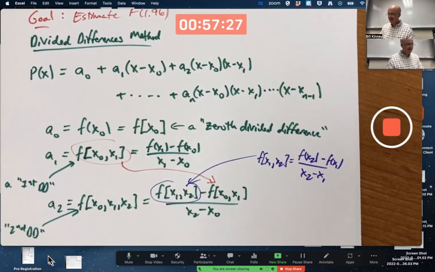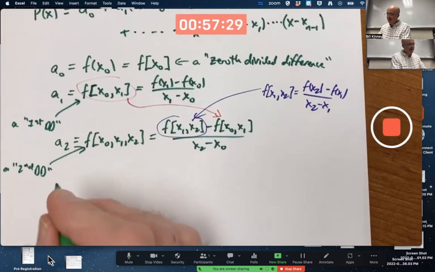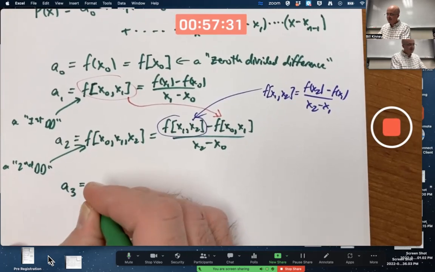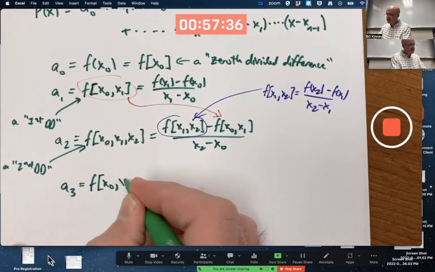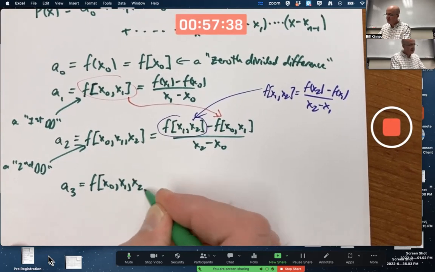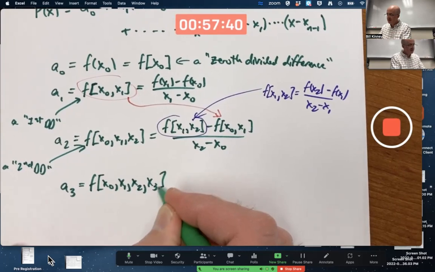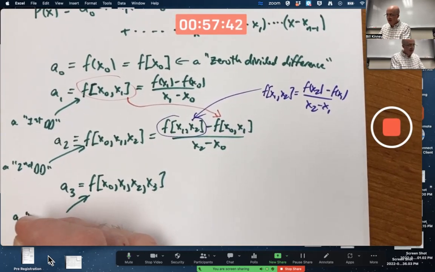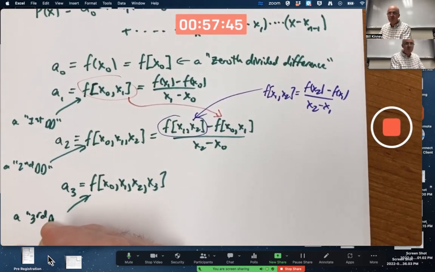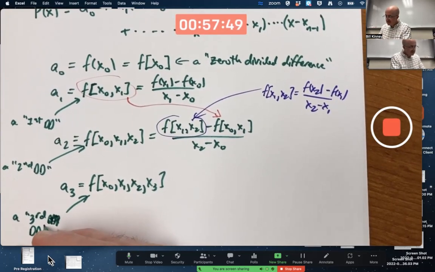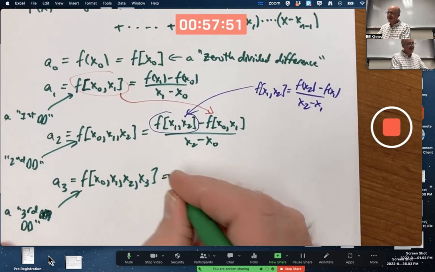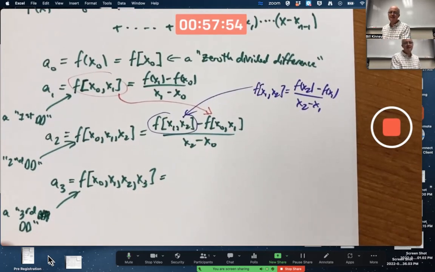We keep iterating. A3 is going to be a third divided difference that's going to have 4 nodes inside the square brackets, x0, x1, x2, and x3. This is a third DD. And again, it's iterative. It's a divided difference of second divided differences.